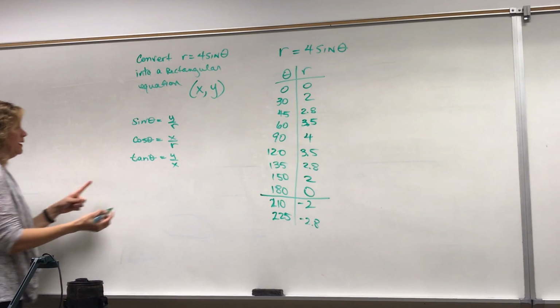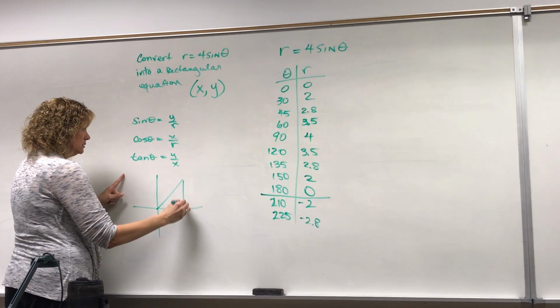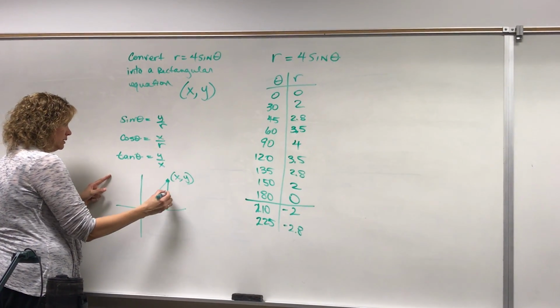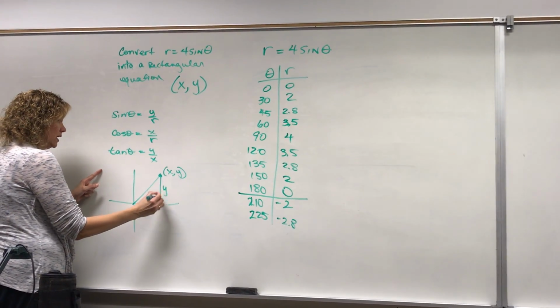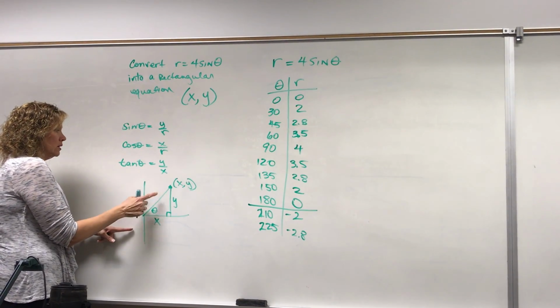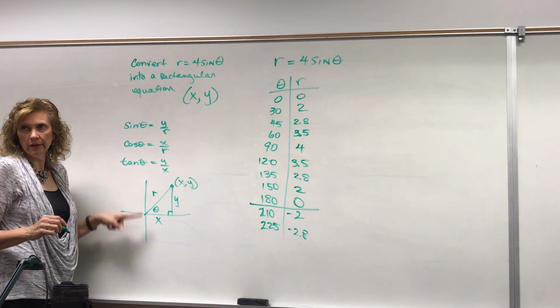Also, if we go back to the fact that if this is the coordinate x comma y, then this is x and this is y, this makes a right triangle. This is my angle theta. What do we know about r with respect to x and y?